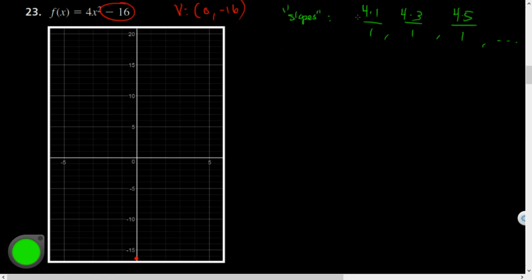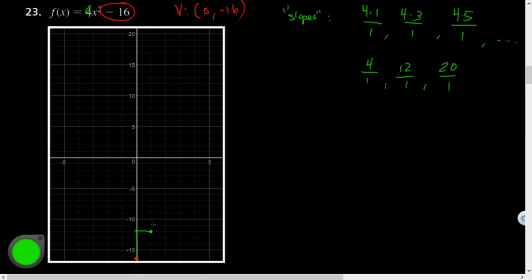So multiply all of those by 4, the number in front of the x squared, which is going to stretch this parabola vertically. So up 4 over 1. Yep, we've already plotted that. Up 12 over 1, and then up 4 times 5 is 20 over 1. So from negative 16 going up 4 is going to bring me to the negative 12 spot and over 1.